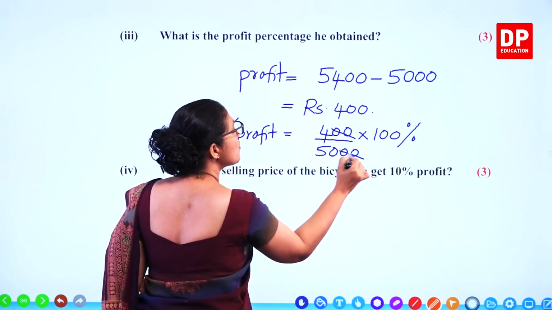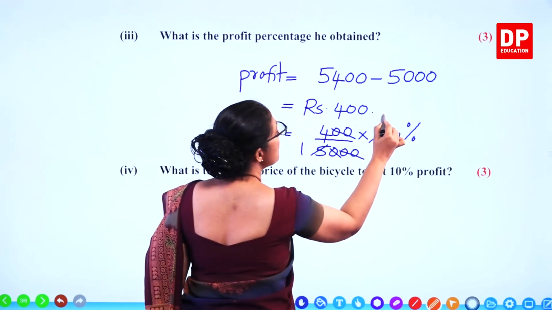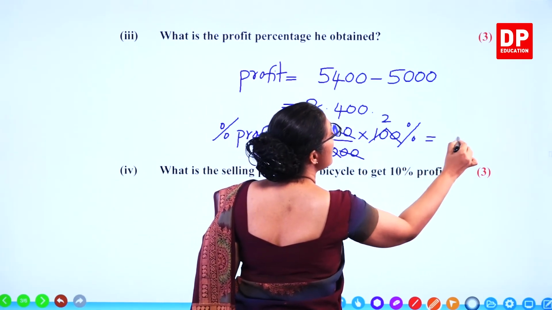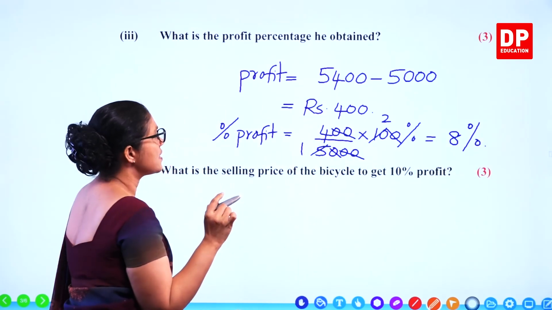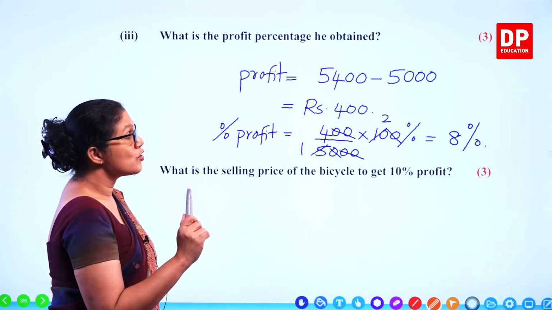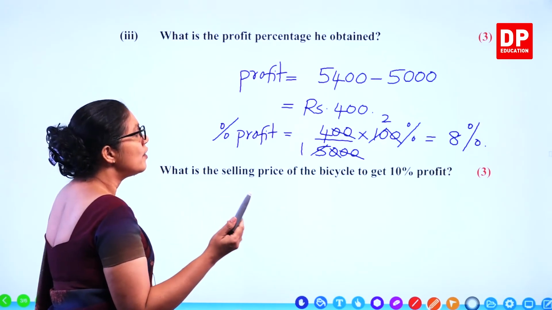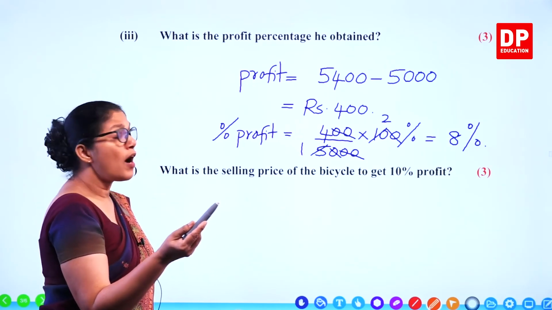So 2 zeros and 1 zero. 5 times 1, 5 times 2. So you get 8% profit percentage. Now the next part, what is the selling price of the bicycle to get 10% profit? So if you buy for 100, you have to sell it for 110.